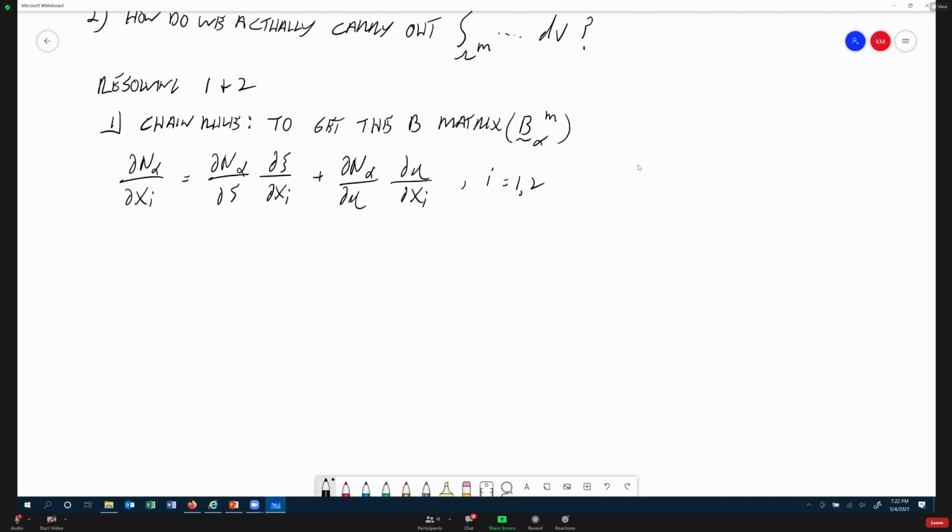And this is going to break up into a matrix. So these are all matrices.